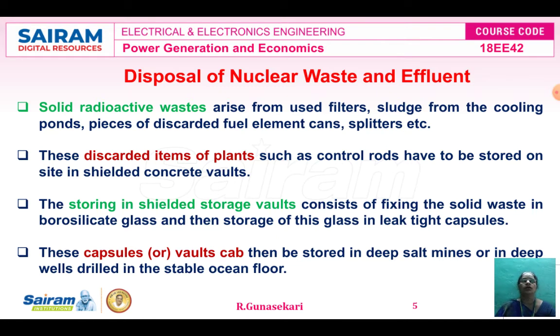Now, how to dispose of nuclear waste and effluent. Solid radioactive wastes arise from used filters, sludge from the cooling plant, pieces of discarded fuel element cans, splitters, etc. These discarded items of the plant, such as control rods, have to be stored on site in sealed concrete walls.